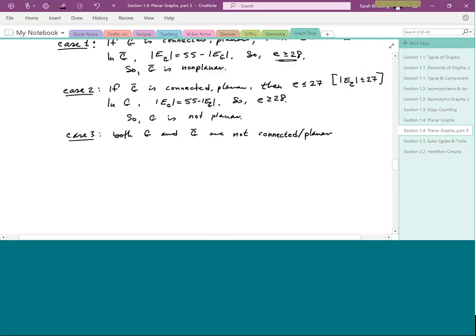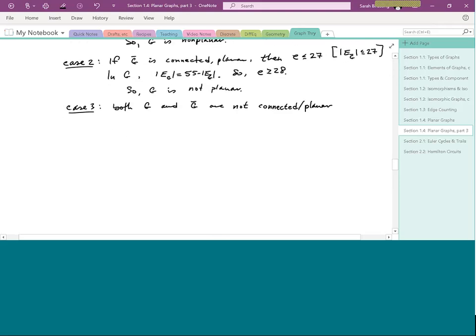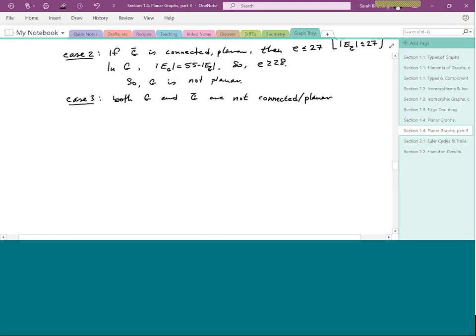So, example. Now I'm going to do the extreme example. Suppose you've got this guy: 1, 2, 3. So notice it's going to be a not connected graph, or a disconnected graph. 3, 4, 5, 6, 7, 8, 9, 10, 11.